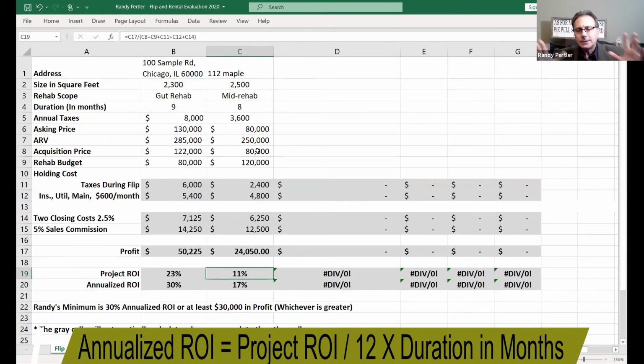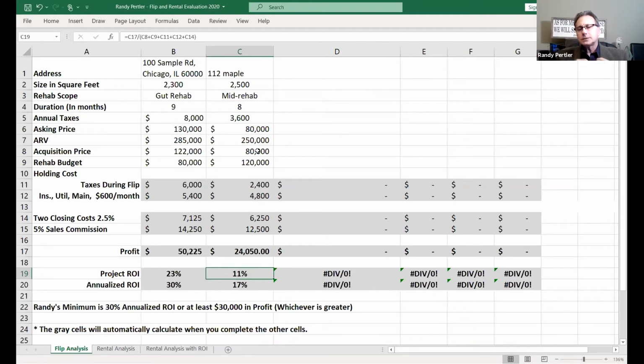That's the project ROI. My annualized ROI, I always want to know, because this is where I borrow money, or where I have partners come in, my equity partners. They're going to get a share of this ROI. And if I'm trying to attract partners, I want to talk in terms of annualized ROI.